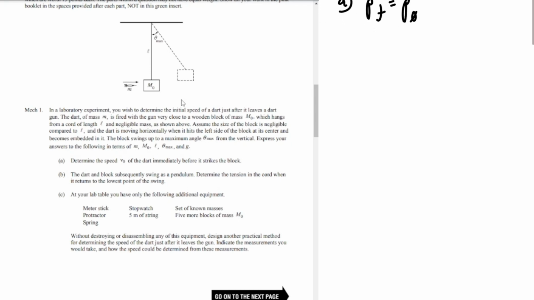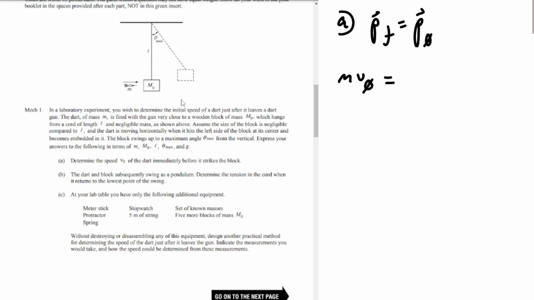So P final equals P initial. And what's the initial momentum? Only the dart, with mass m and v naught, is the initial momentum, because the block of mass m naught was not moving, so it won't have momentum. That has to equal the final momentum of the two as a system, so m plus m naught.